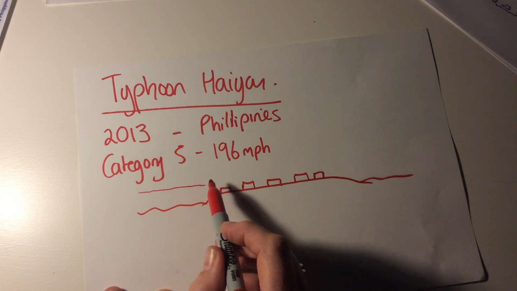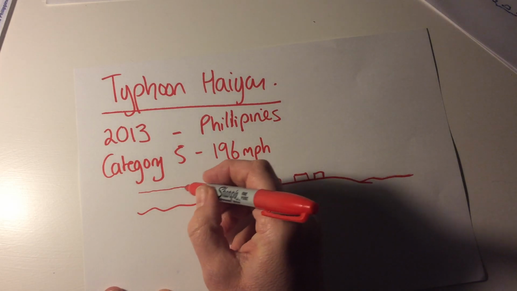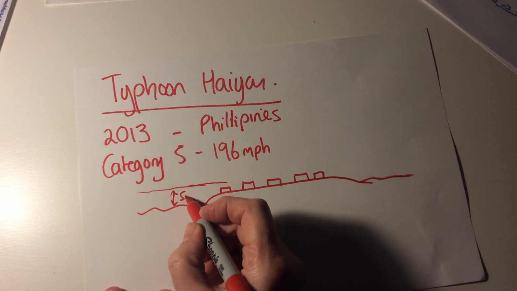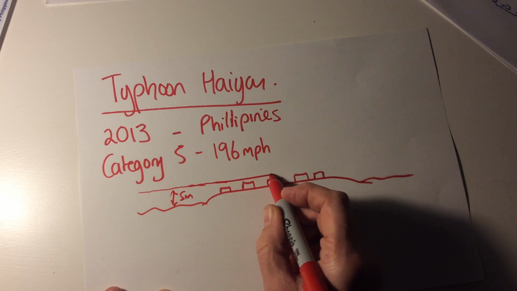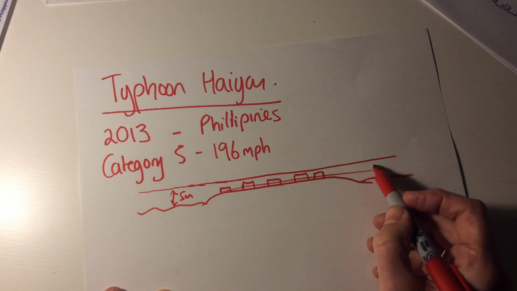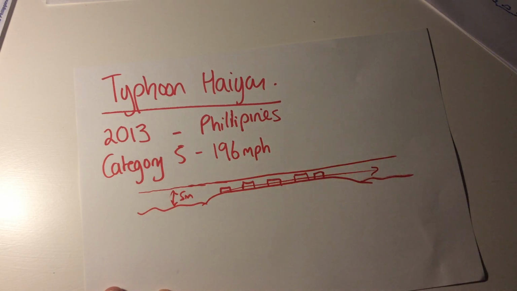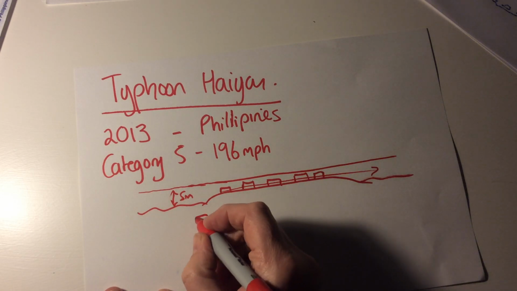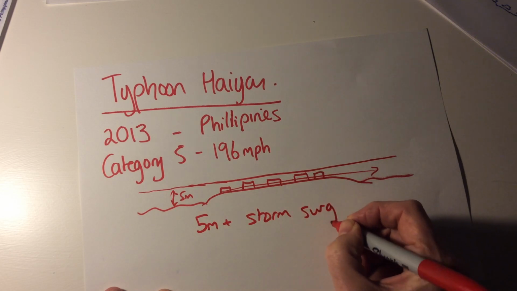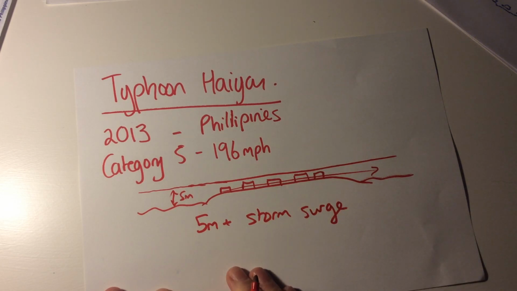So as this very large tidal storm surge came in up to 5 metres high, flooding across lands, great areas were completely cleared and houses were washed away, clearly devastating communities. So there was a 5 metre plus storm surge, and many areas were flooded.